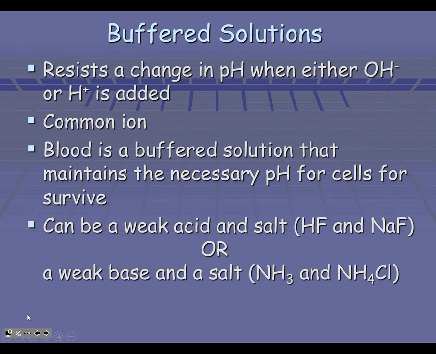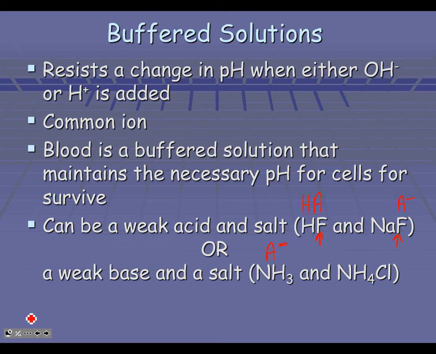Well, here on the first one, you can't miss our HA. We have our hydrofluoric acid, and the common part there gives us our A minus. Well, over here as well, even on the weak base and the salt, this time we're starting with our base, and we're always going to refer to the base part as the A minus.